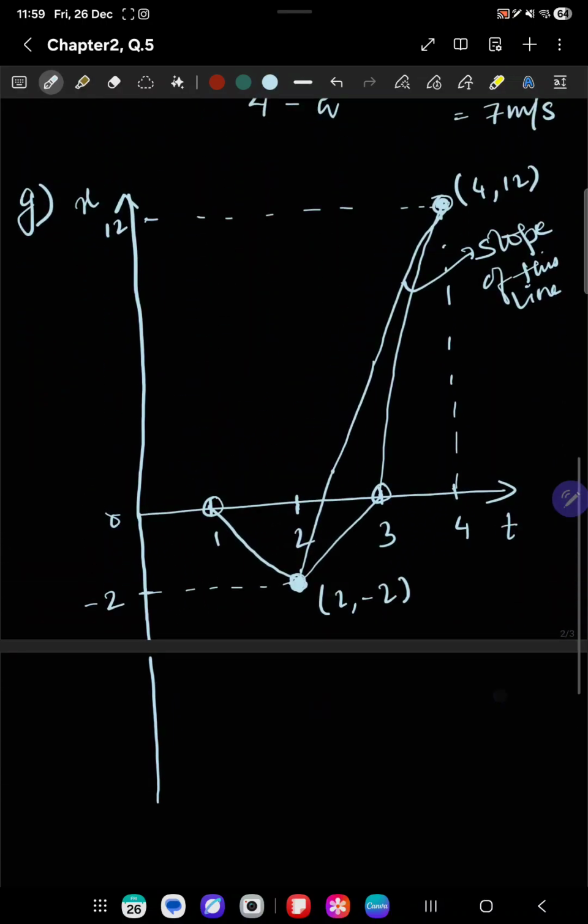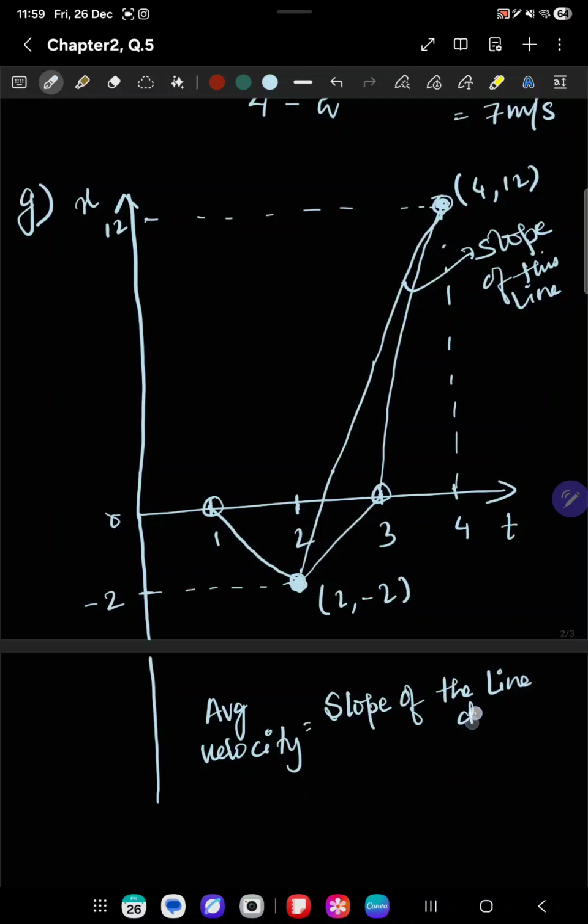So on the basis of these coordinates, if we want to find out the average velocity from this graph, we can directly write it as the slope of the line drawn. And in this case I am considering this line, okay, to find out the average velocity between t equal to 2 and t equal to 4. So slope of this line will be y2 minus y1 upon x2 minus x1.